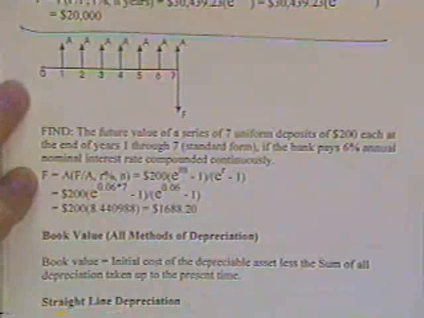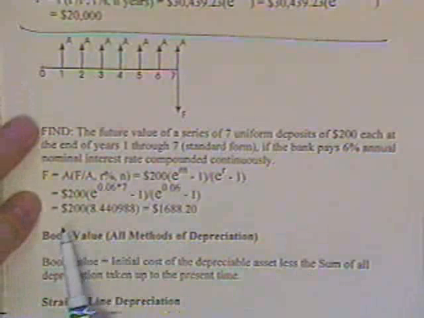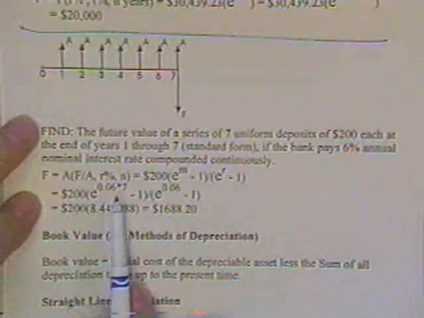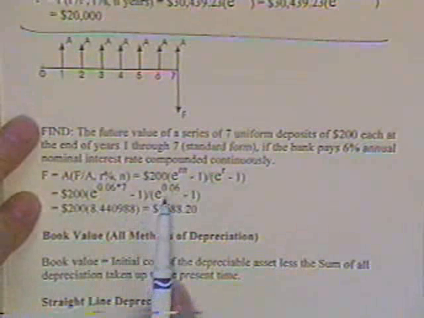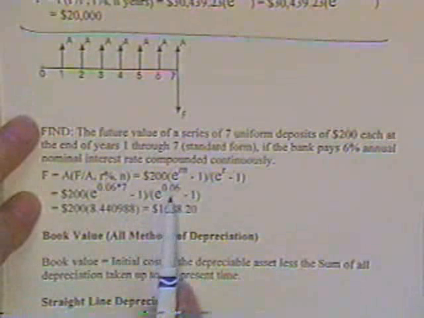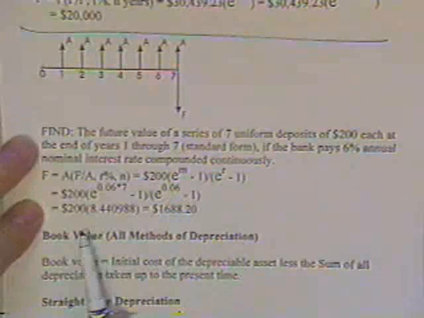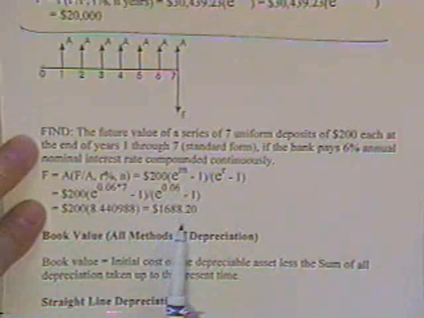Get that right out of the table, right out of your reference handbook on page 73. It's equal to $200. You multiply e to the 0.06 times 7, subtract 1 from it, divide by e to the R value, noticing this is not multiplied times N, and subtract 1 from it, and you get $1,688.20.